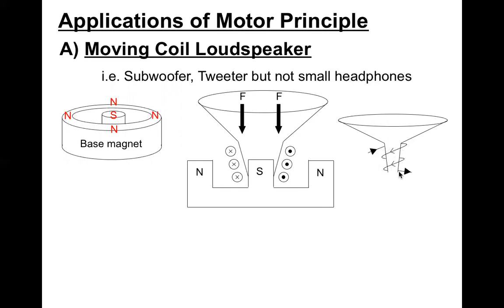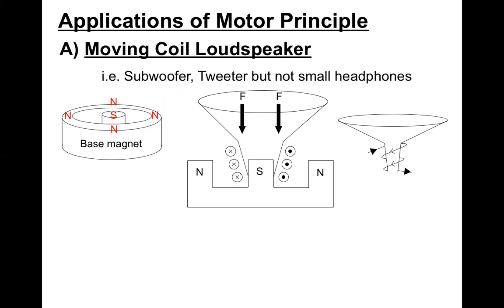When we have current running through the coil, there is going to be an attractive or repulsive force that's going to push the cone into the base of the magnet or repel it out of the base of the magnet. And since the current that we use here is alternating current, which, if you remember, means the current can change direction. For example, if we change the current direction 140 times per second, that would be called a 140 hertz AC current.